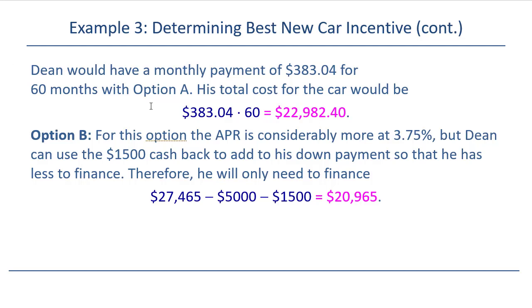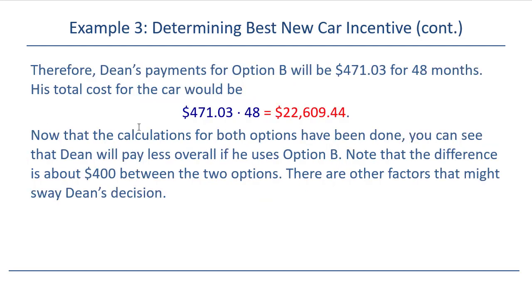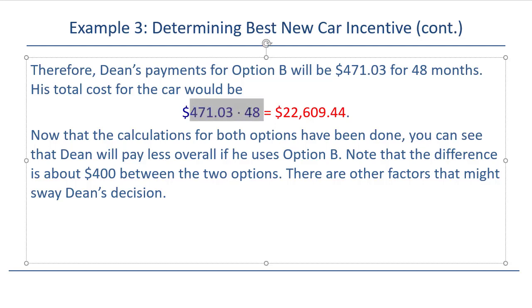So option A was $22,982.40, almost $23,000. And then option B was $22,600, so about $400 less. So you end up saving about $400 in the long run, but that also means you have a much higher monthly payment, and it's paid off quicker. So that would be something to consider. Option B saves you money.